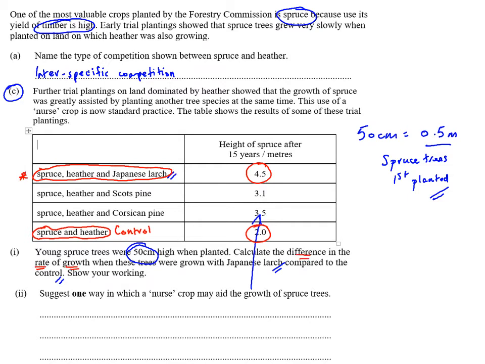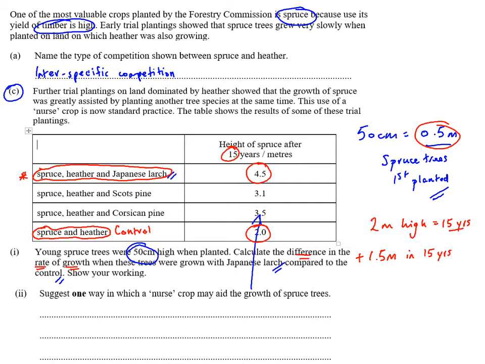Now for the control, we can see after 15 years, the spruce has actually grown to 2 meters high. And that's in 15 years. So we know the spruce started out at 0.5 meters, so actually the spruce has grown 1.5 meters in 15 years.